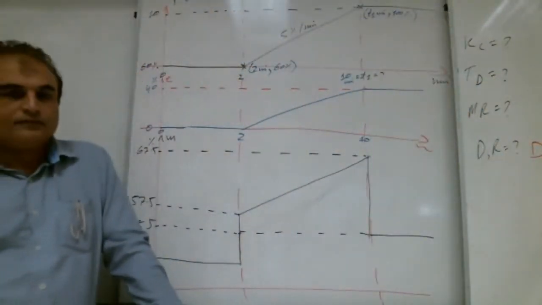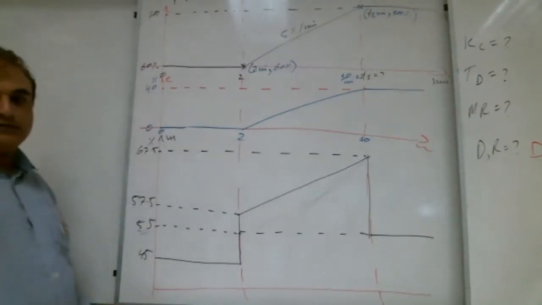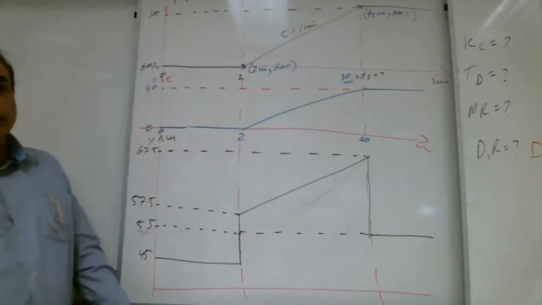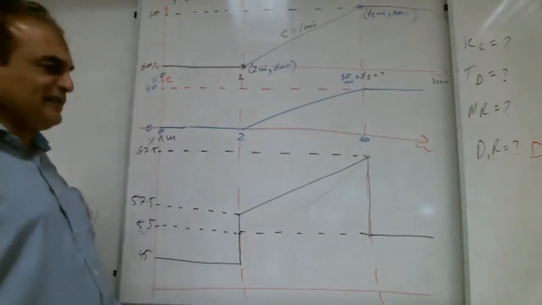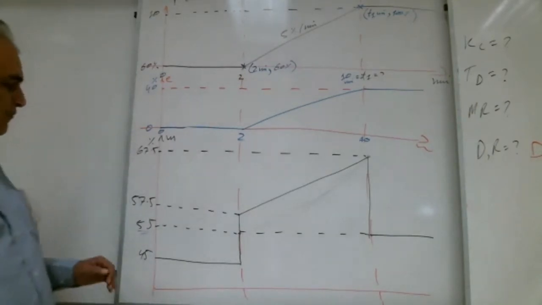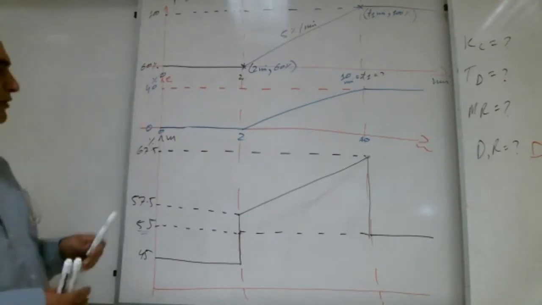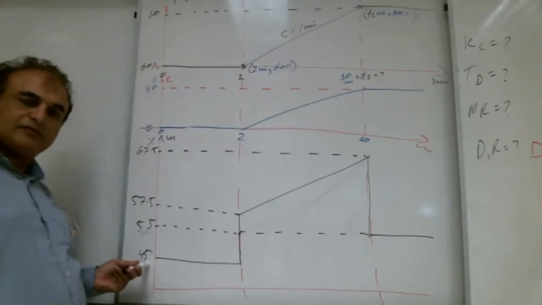Find MR. How are we going to find MR? Yes, please tell us how to find MR. 45 minus 0. Yes, a lot of brothers are writing. I understand what they are saying. See, error is starting from where? 0. From 0. Output is starting from where? 45.